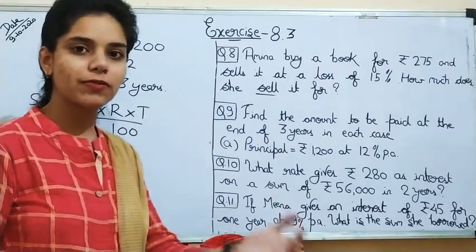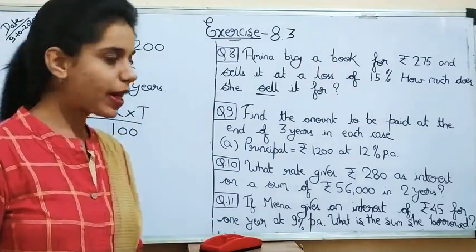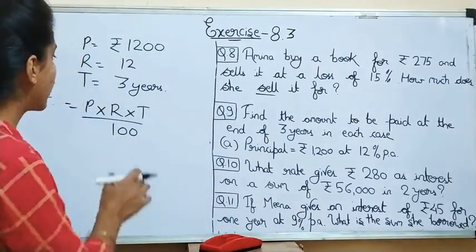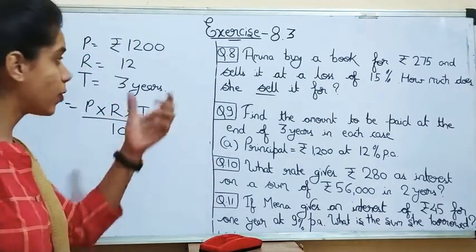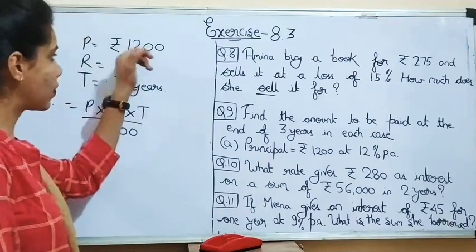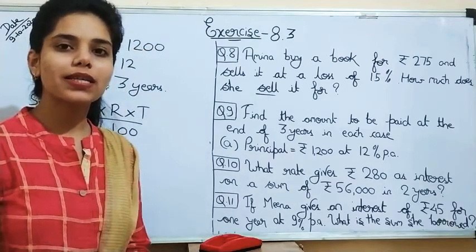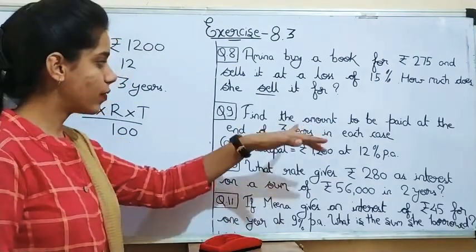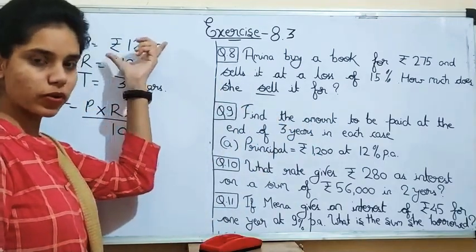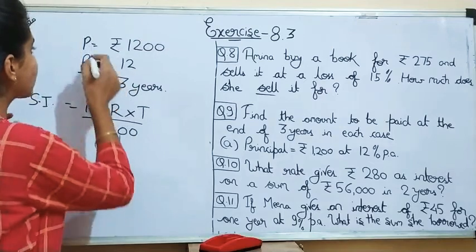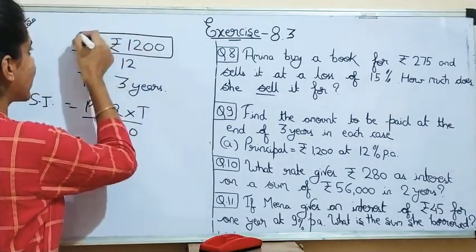The amount which we borrowed. If you borrow a certain amount, like 1200, and I ask for which time period, you will say 3 years. For 3 years I borrowed this amount of 1200, the amount which we take from somewhere.